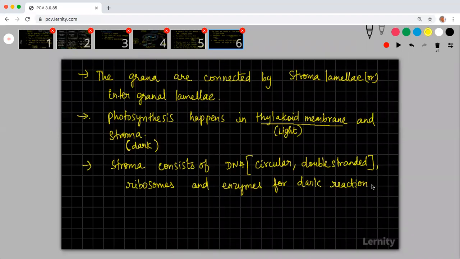Okay, with this, the structure is over. I just have to write the functions now. With the functions, chloroplast will be over and plastids will be done. The function is very simple: prime center of photosynthesis.